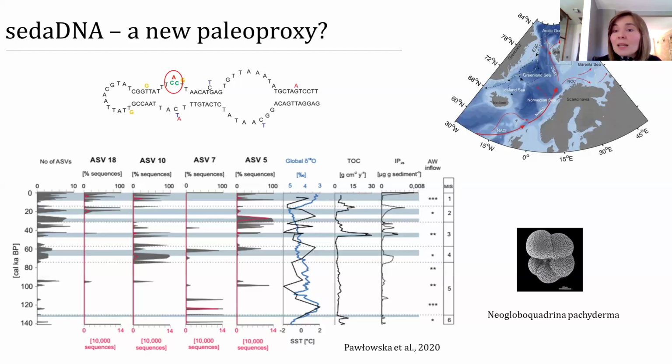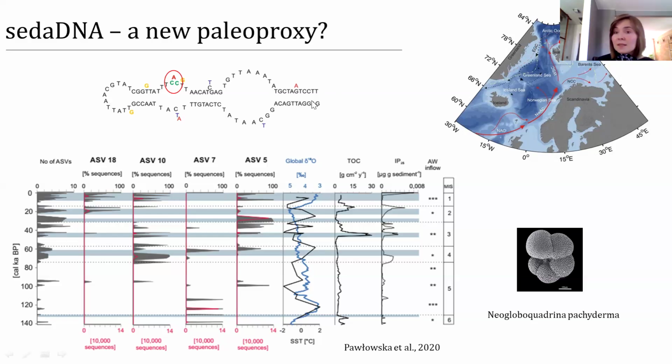There is a record of the planktonic foraminifera Neogloboquadrina pachyderma, very commonly used in paleoceanographic studies as an indicator of water masses, also very often used for dating of sediments, establishing the chronology of sediments. And we find that in this record, there were several genetic variants, so-called amplicon sequence variants, here abbreviated to ASV. Here you see the secondary structure of the DNA of this taxon.